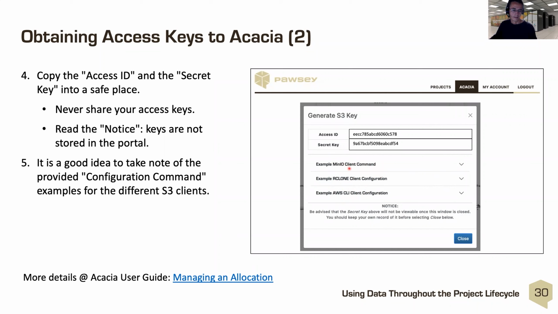It is also important to note that each of the clients needs to be configured separately. So you use the same ID and the same secret key to access your storage in Acacia for the different clients, but those clients need to be configured separately. So it's also a good idea to take note on how to configure those clients, depending on which one you are planning to use.